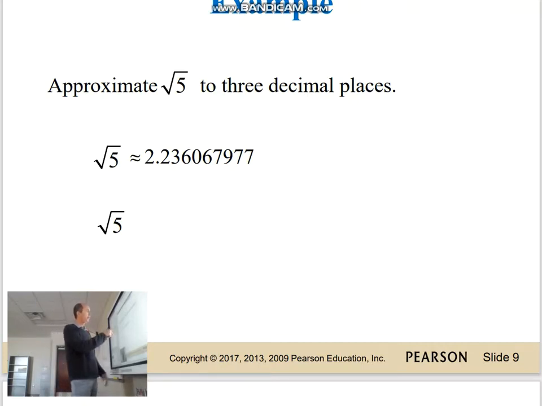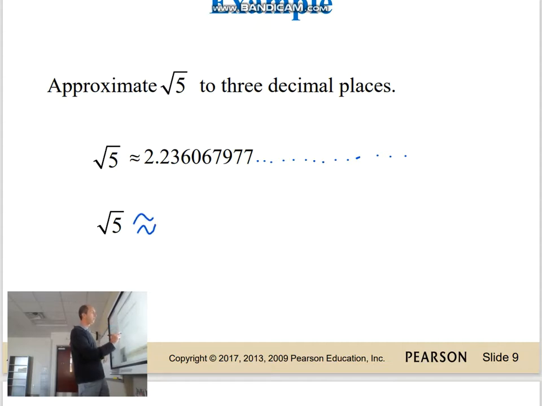The square root of 5 equals 2.236067977, and then depending on the calculator, you're going to have more and more numbers here. To approximate, the question will say how many decimal places you need. So we will approximate the square root of 5 to 3 decimal places. That's what the question is asking.